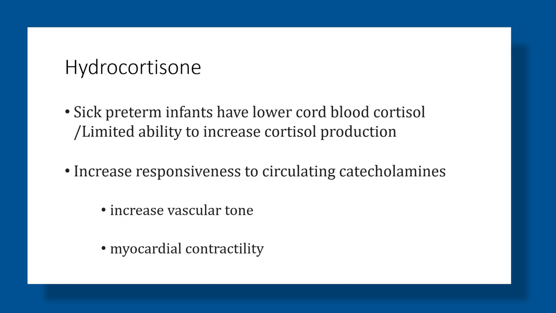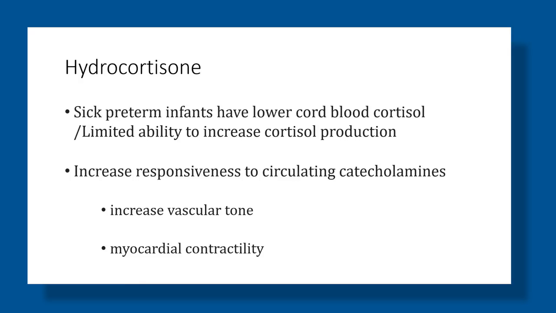Hydrocortisone has also been introduced quite recently into algorithms for treating newborn hypotension. The idea is that sick preterm infants have lower blood cortisol levels, and they also have a limited ability to increase cortisol production when they face stressful situations.